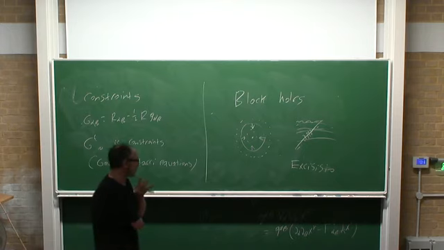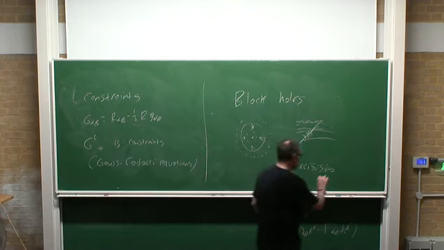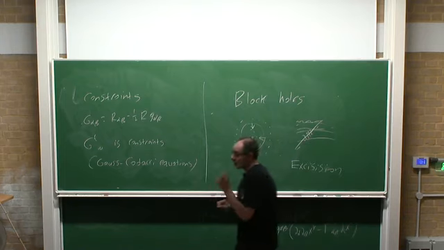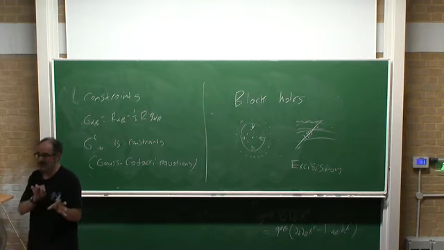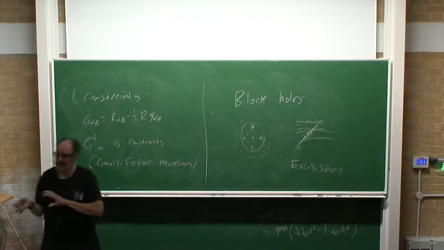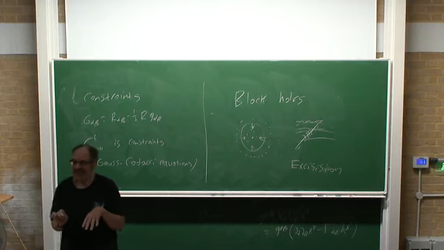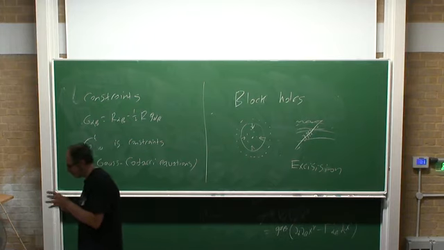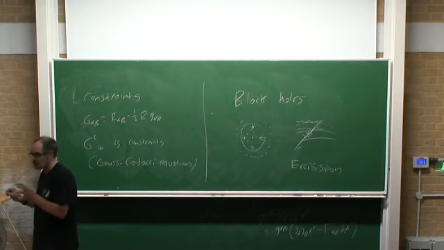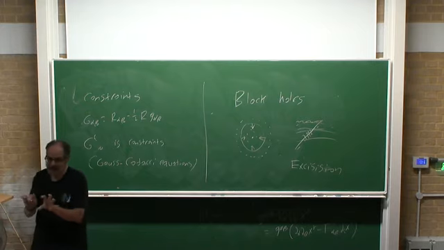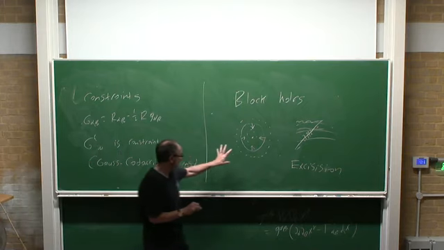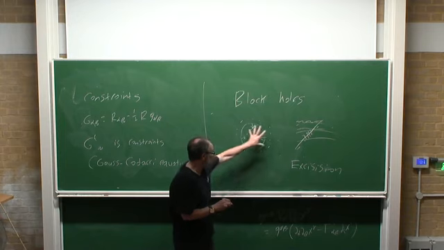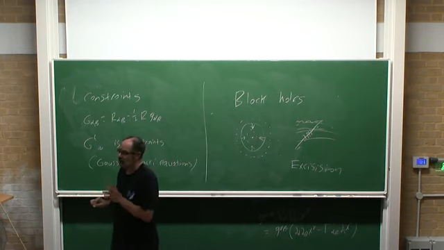Okay, so I should mention, first of all, that a lot of these issues, how do you get the equations in the right form? How do you get hold of constraint damping? How do you do things in such a way that you don't have to worry about black holes?